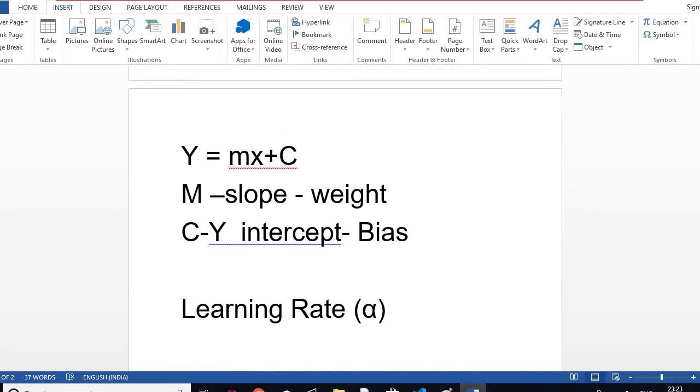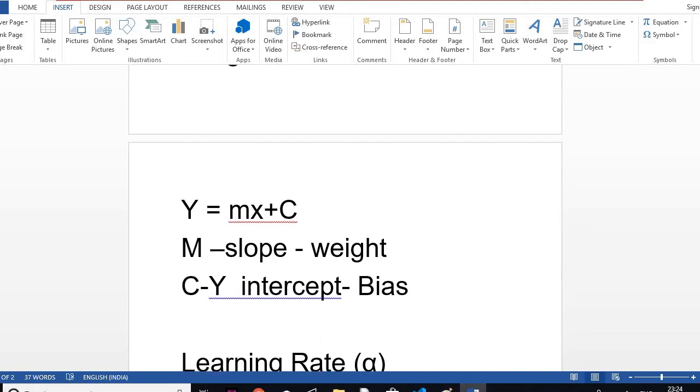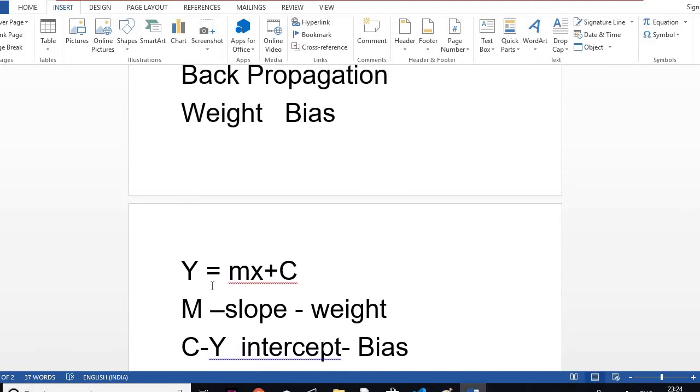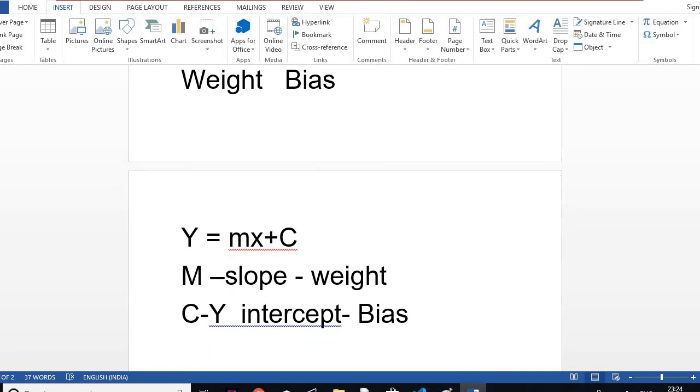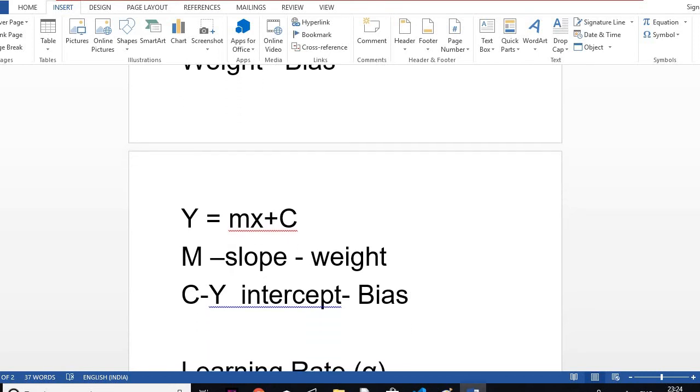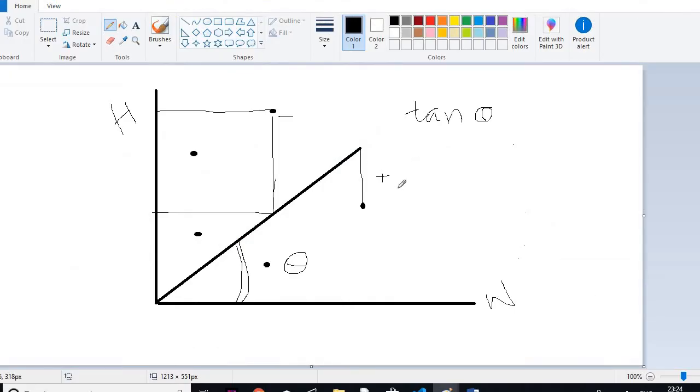In the machine learning model, it's a linear regression line, whatever we are discussing. Here y is equal to mx plus c, where m is the slope and c is the y-intercept. I already told you, m is the slope and c is the y-intercept. The y-intercept, you can understand here: for this line, the y-intercept is 0.